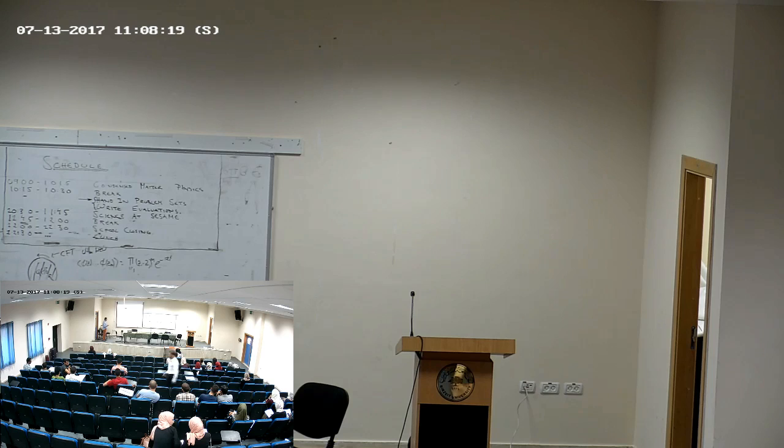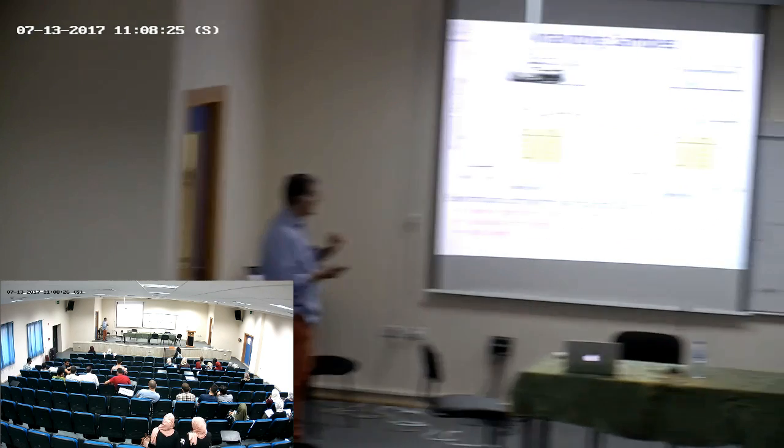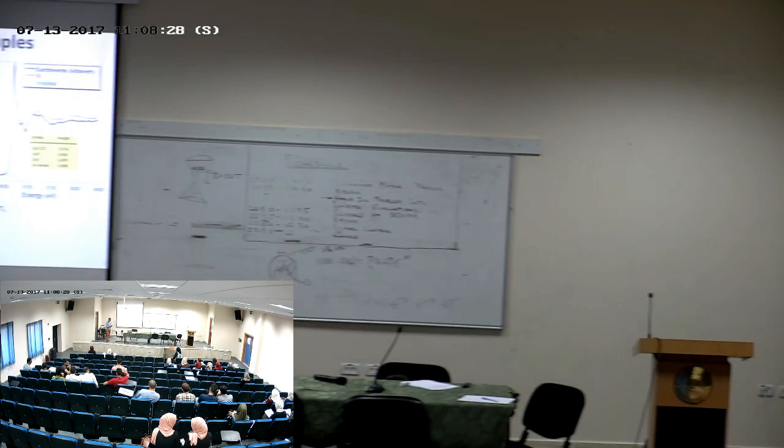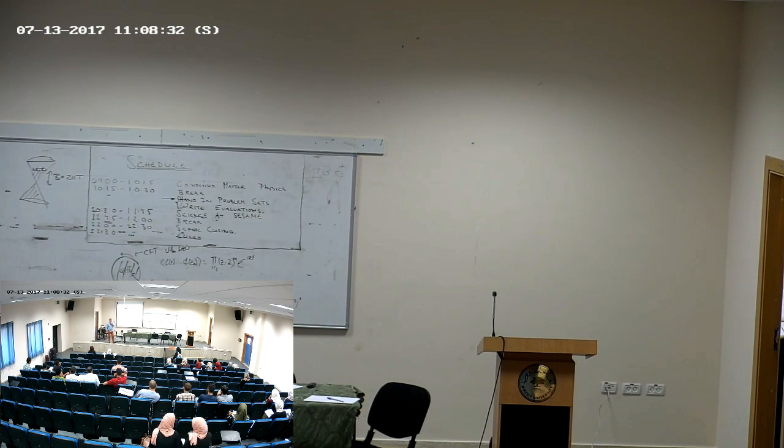Okay, so that is the status of the activity at the beamline, Schaff's beamline, and we go to the other beamlines, and we go to EMIRA. EMIRA is the infrared beamline.